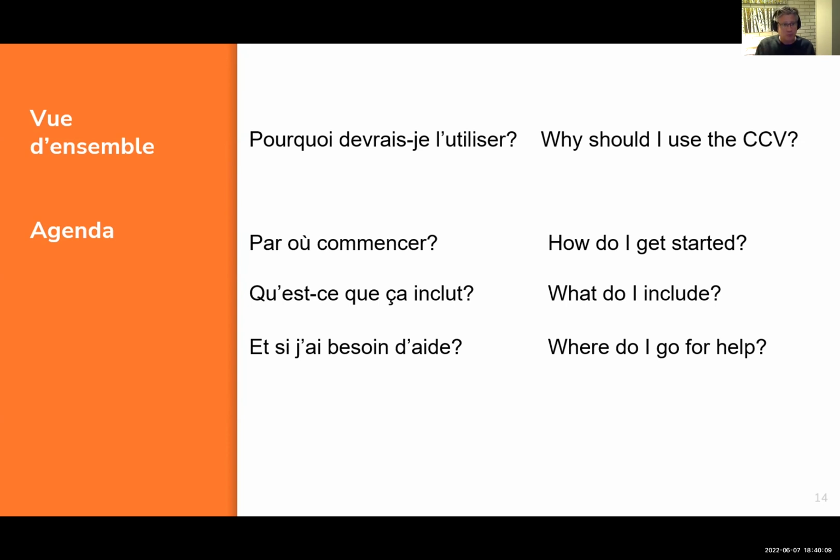Now, why use the CCV? This is the CV mechanism for funding, predominantly in Canada. So if you've been asked to be a co-investigator on a CIHR grant project, you'll have to use the common CV.